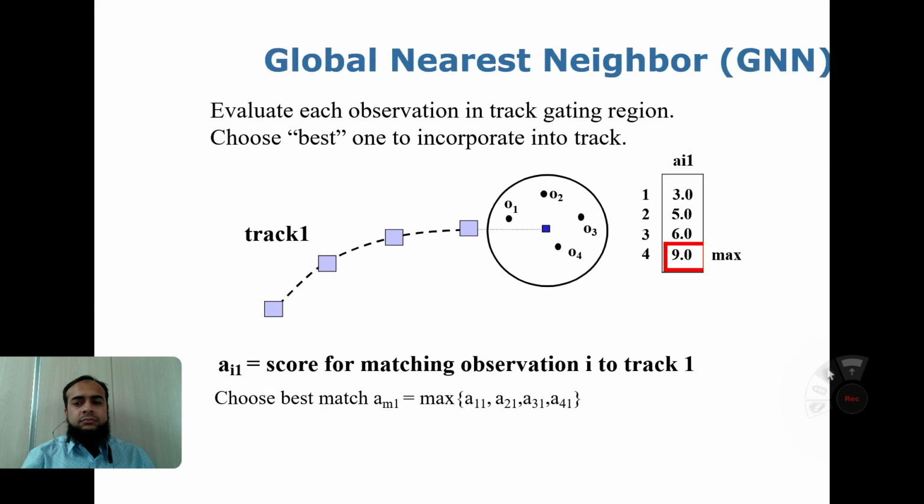Suppose the maximum value is 0.9, so it chooses the best match by the maximum value among a11, a22, a31, and a41 for track one. So this is track one.